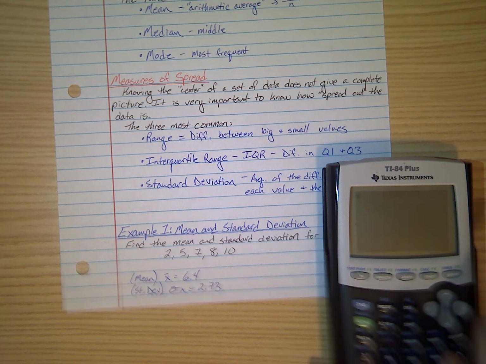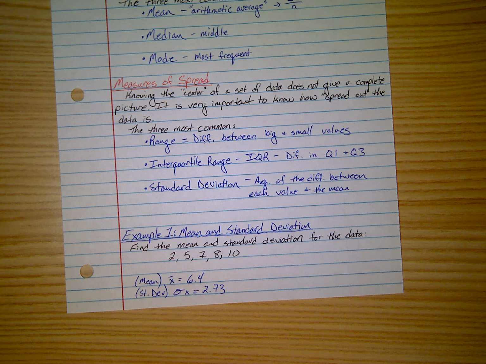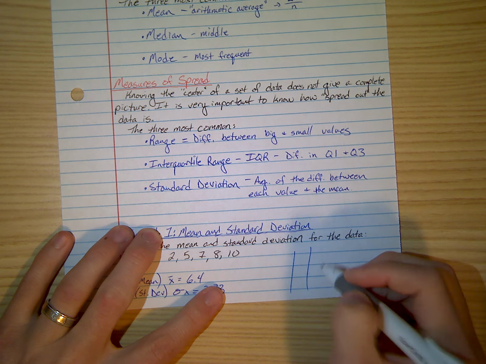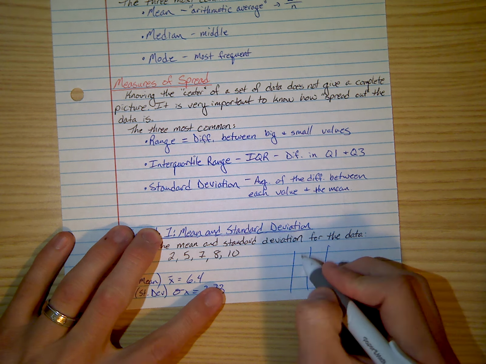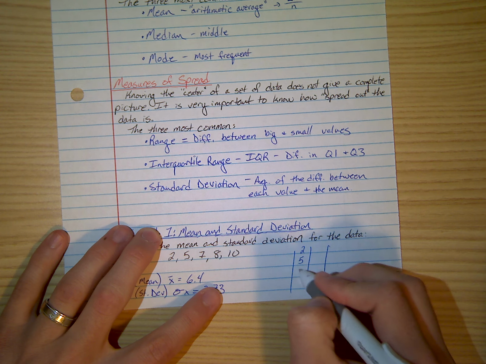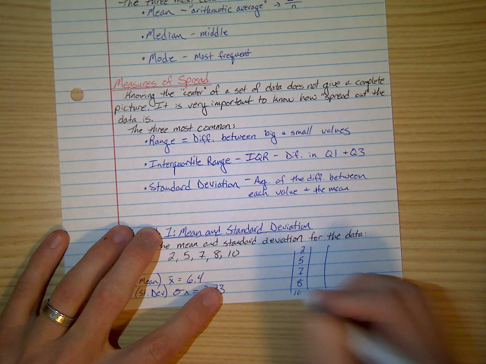Like I said, if you don't have a graphing calculator, what you have to do is, in an Excel document, you have your cells. You would still, just like we did in the list there, put in 2, 5, 7, 8, and 10.